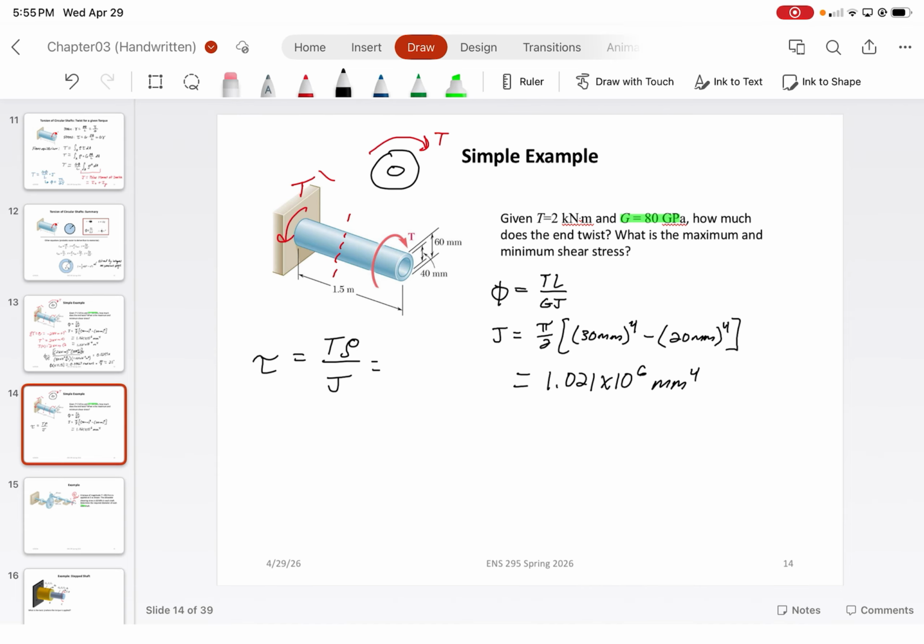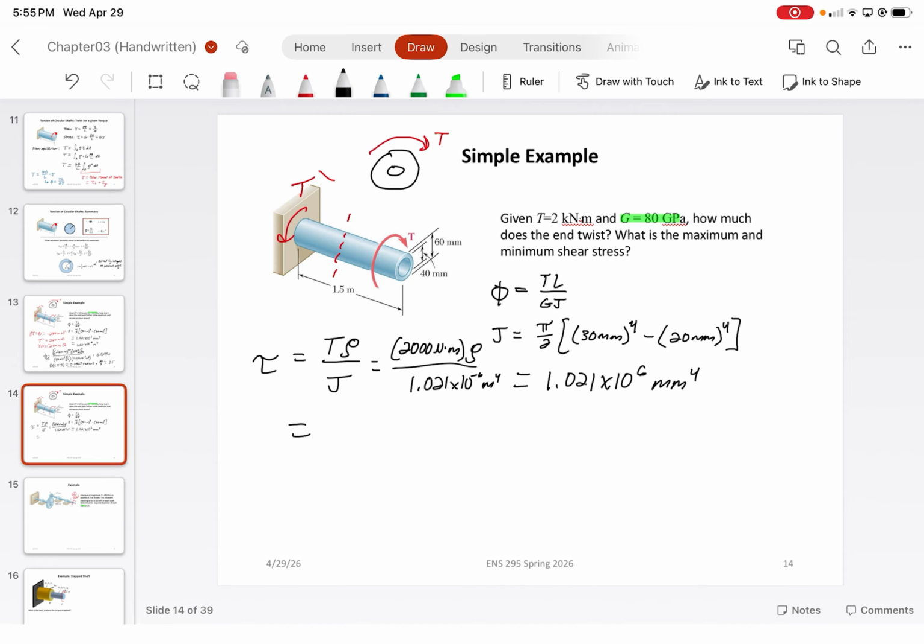So what we get is basically 2,000 Newton meters times rho over 1.021 times 10 to the negative 6 meters to the fourth.